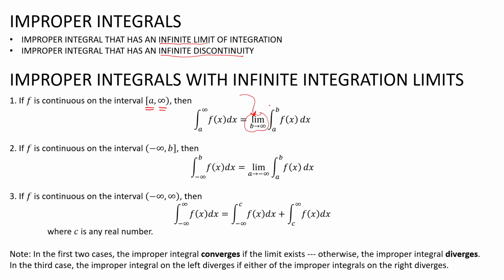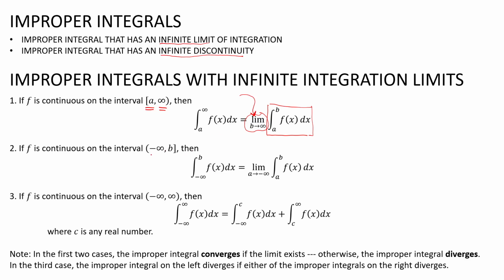You focus first on this portion here, meaning you take the integral of the function manually, then you apply the limits from a to b, using the second fundamental theorem of calculus, and then you apply the limit of b approaches infinity. That's what's going to happen in the items that you're going to solve later.